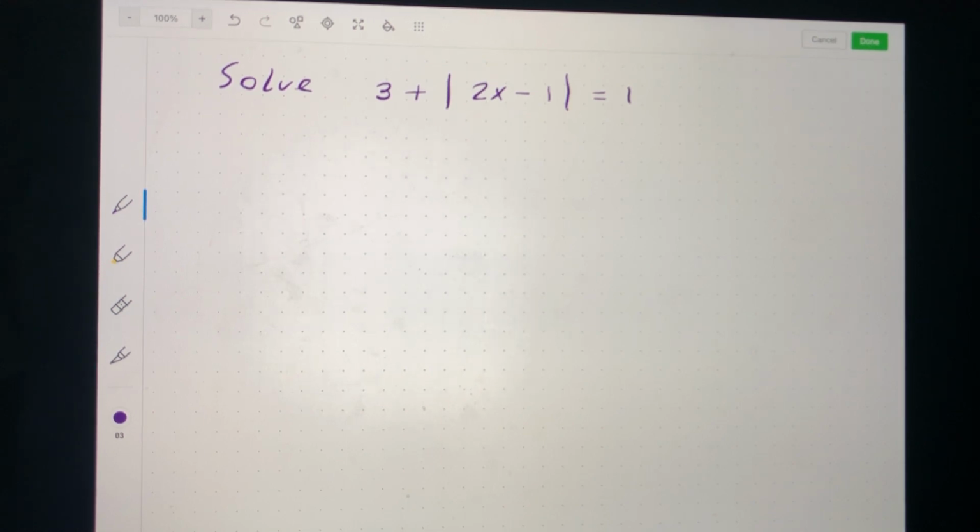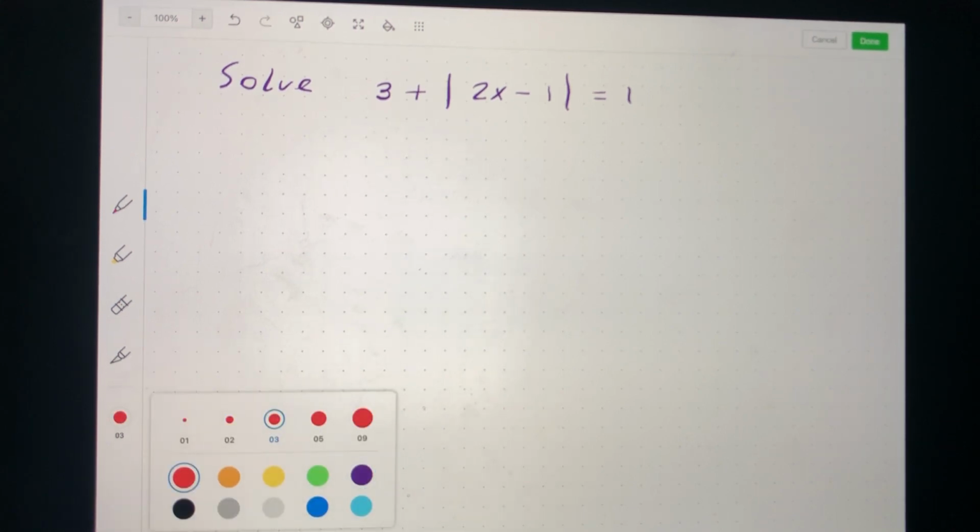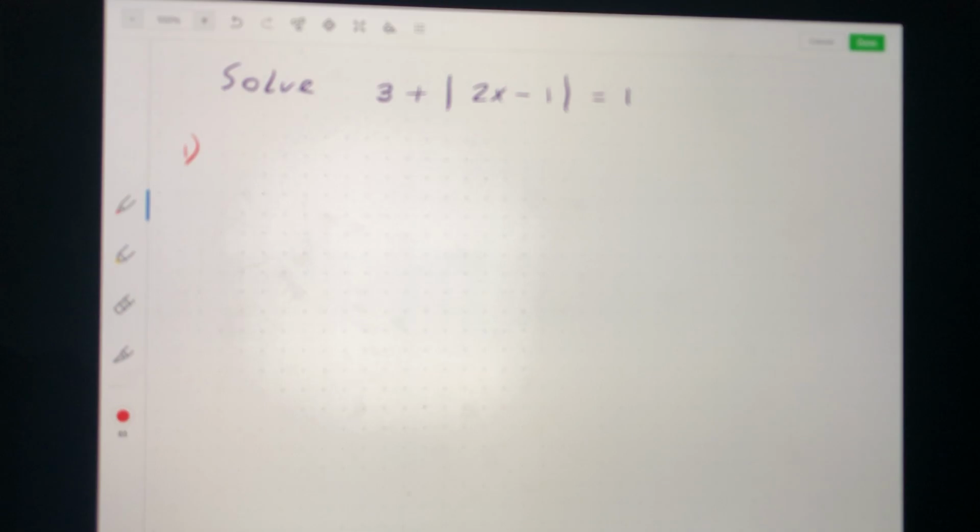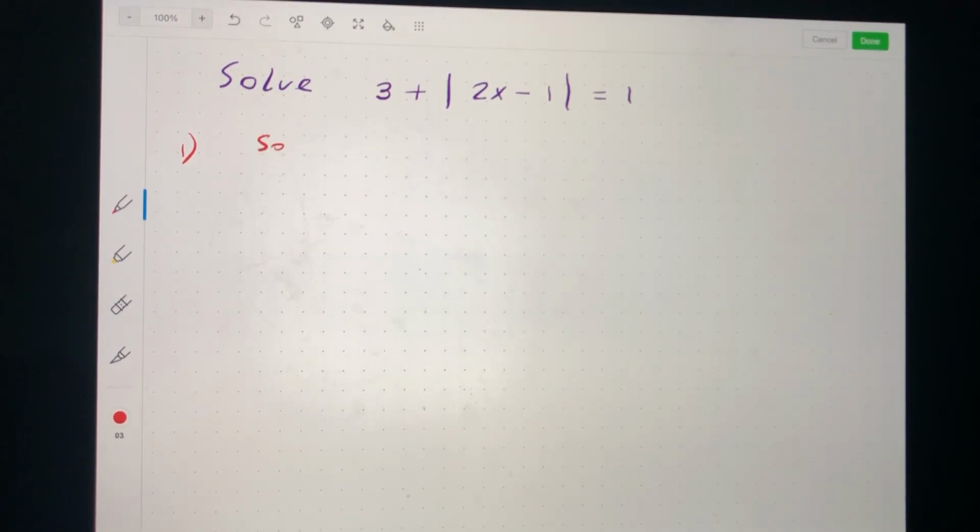So how do we solve an absolute value equation? We usually follow 2 steps. The first one is to solve for the absolute value, so get that by itself equal to some number.